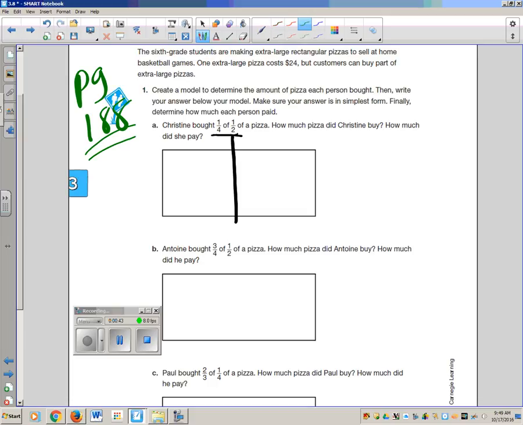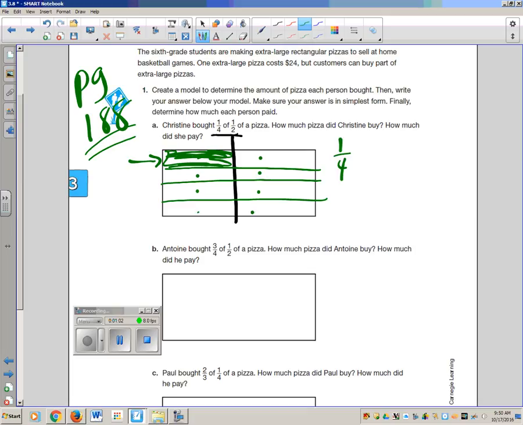Then you need to cut it into fourths. Go sideways and shade in 1/4. This green rectangle right here is 1 out of 8. So 1/4 times 1/2 is 1/8.